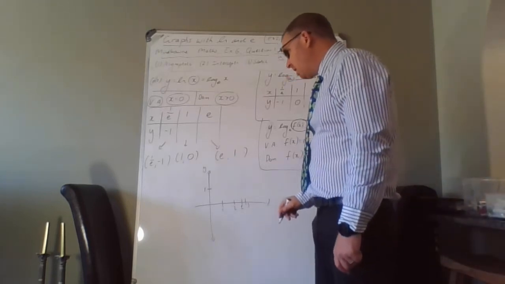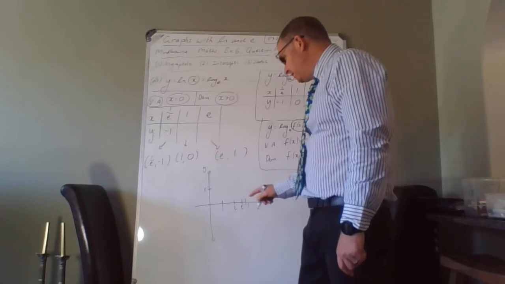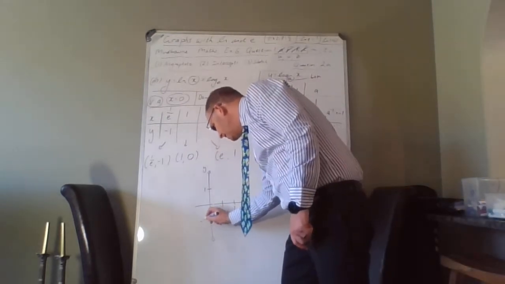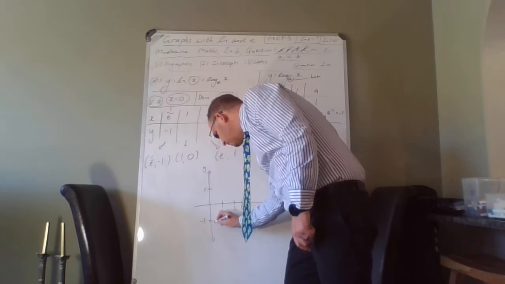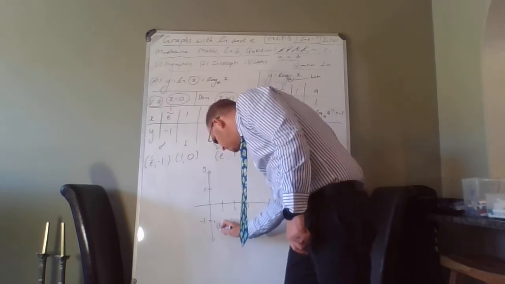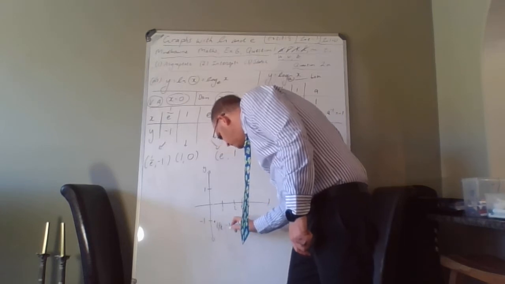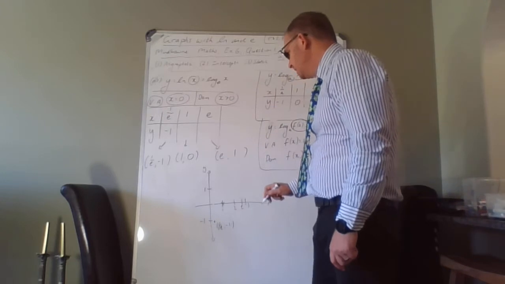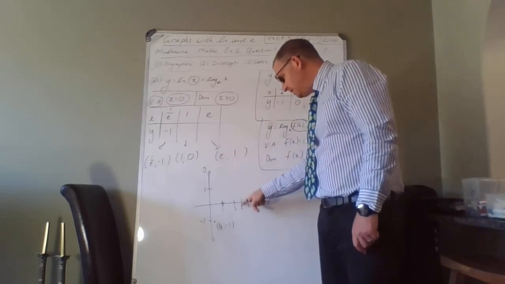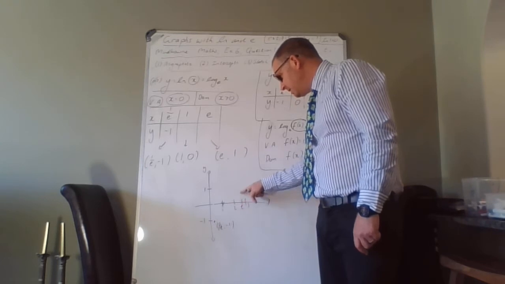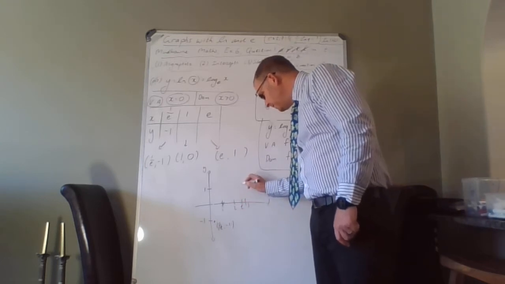So when x is equal to 1 over e, y is going to be equal to negative 1. So I'm just going to label that 1 over e and negative 1. When x is equal to 1, y is equal to 0. And when x is equal to e, and e is heading to 2,7 something, so it's over there, then y is equal to 1.